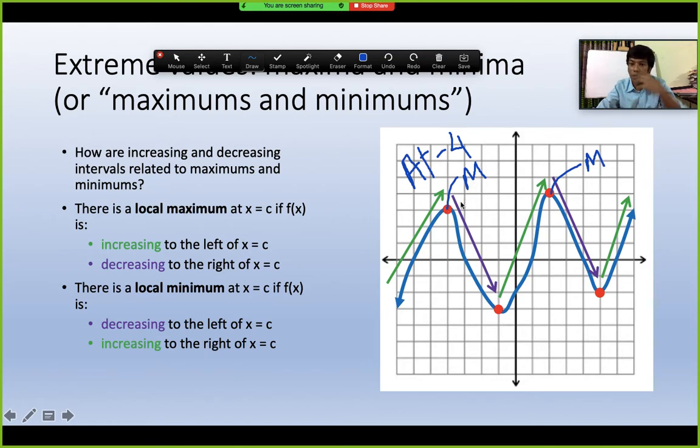Let me write it here. The value is 3 at minus 4. So this maximum is at minus 4, and the value is 3.